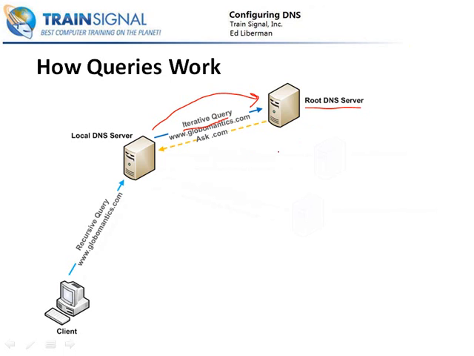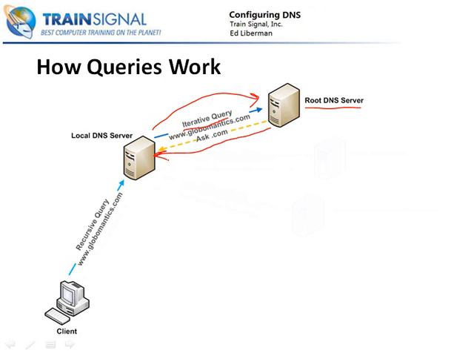So our local DNS server asks, do you know who www.globalmantics.com is? And because it was iterative, the root DNS server can only answer what it knows. And what it knows is, no, I don't, but I do have the IP address of a .com DNS server. Why don't you go ask that server?